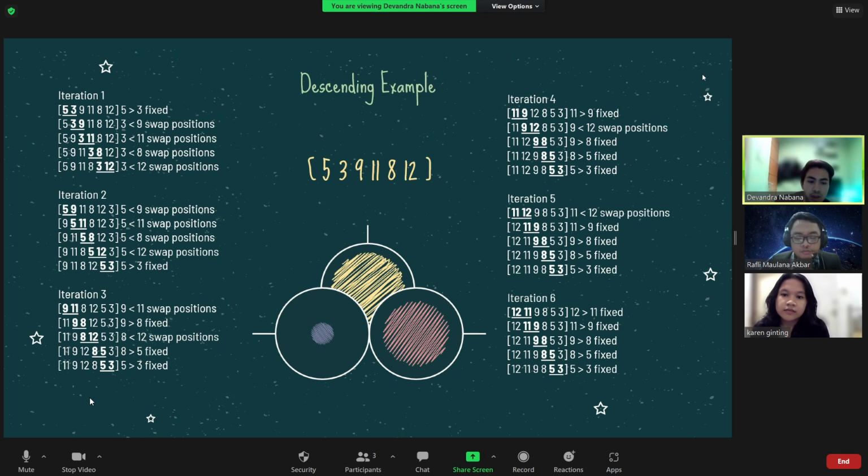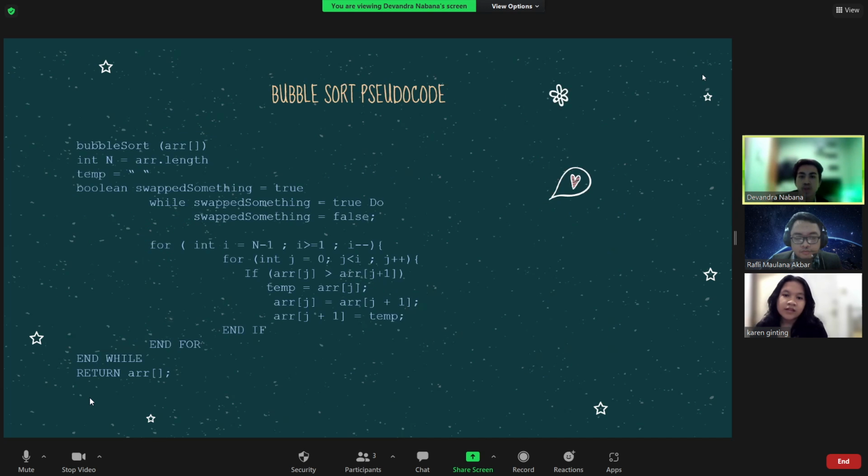And we have the final result 12, 11, 9, 8, 5, 3. This is from the largest to smallest. And the bubble sort code will be presented by Karen Ginting.